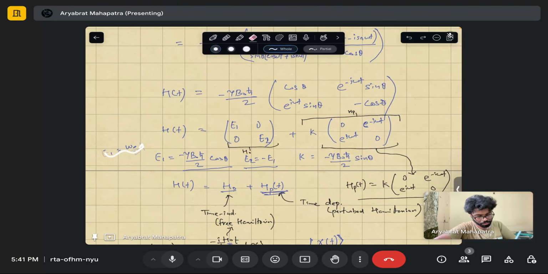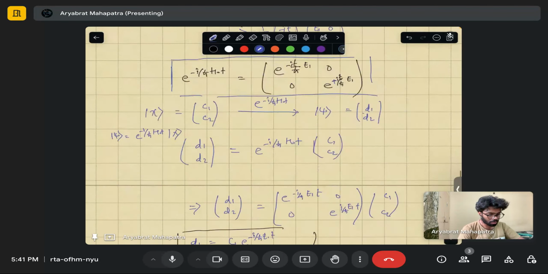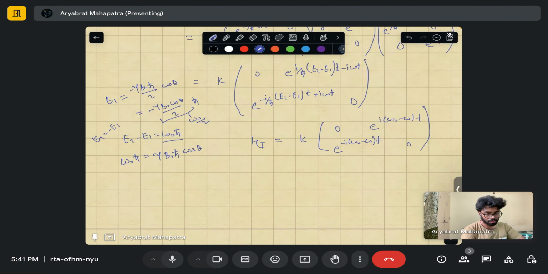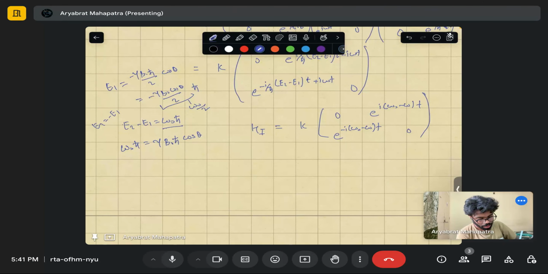So now I have the interaction Hamiltonian. I have to figure out what chi is by putting them in the Schrodinger equation in the interaction picture. So that means I have to write this: i h bar d by dt of chi.